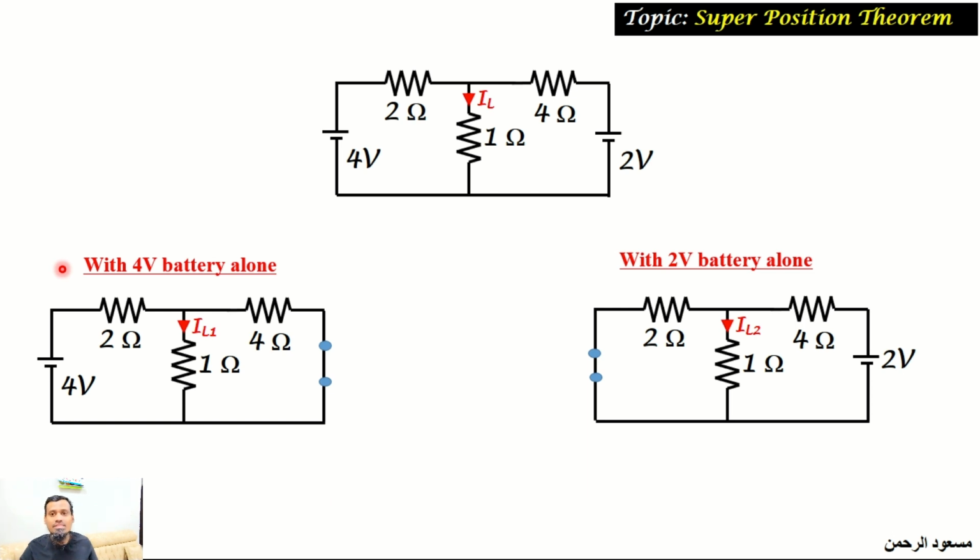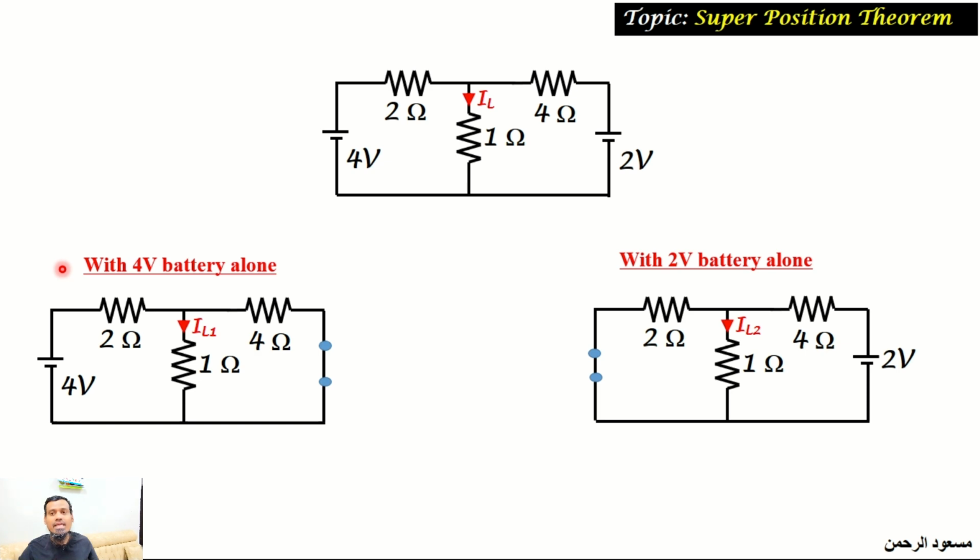So we solve the same network twice by considering one source at a time. The total current through the required load resistance, which is IL, is equal to the algebraic sum of the answers found by considering one source at a time. So this is what the superposition theorem states.